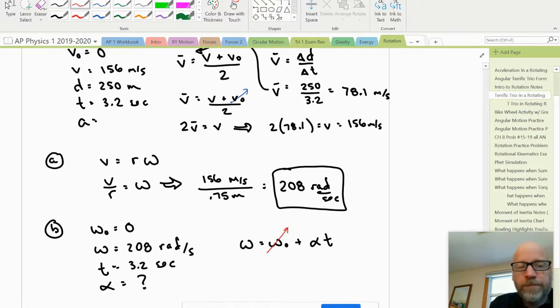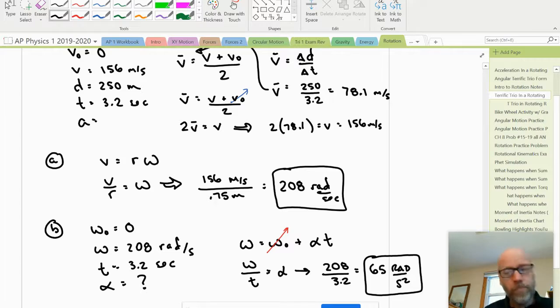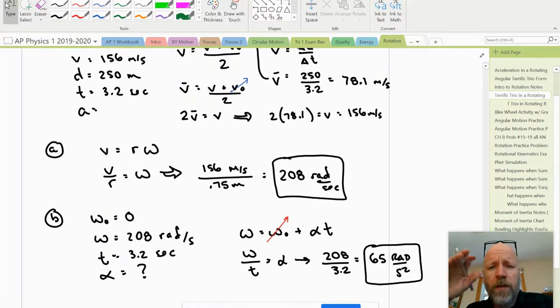Omega naught cancels out. You still with me? So omega divided by t equals the acceleration. So 208 divided by 3.2 equals 65 radians per second squared. I could explain that a couple different ways, but then it just gets more confusing. If you thought of another way to do it, I bet it's better because you thought of it.